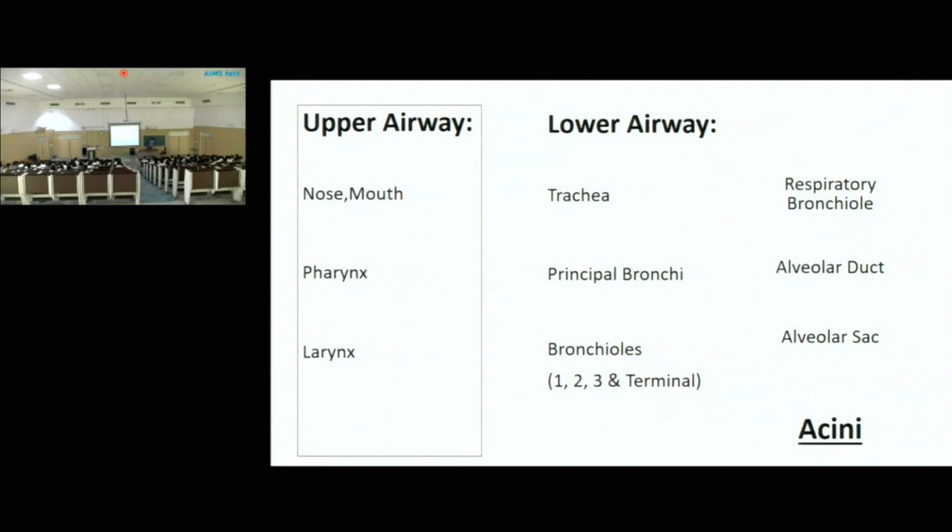I will draw a diagram here also, so that you will understand the pathology and pathogenesis, right?